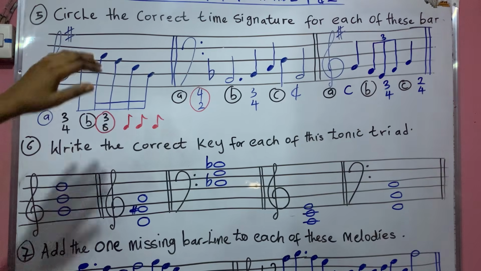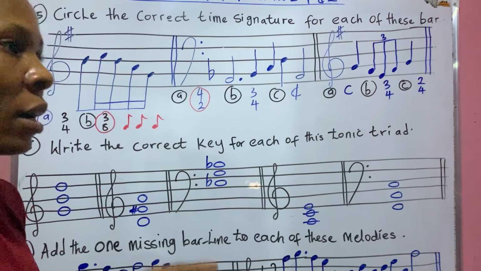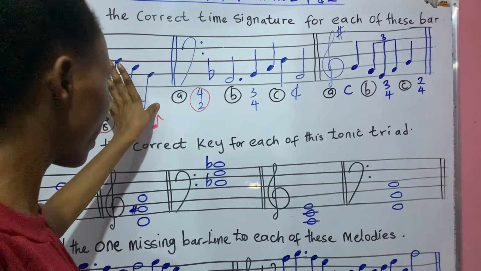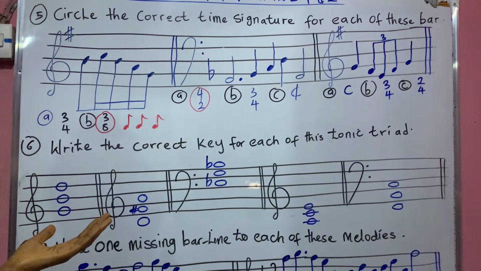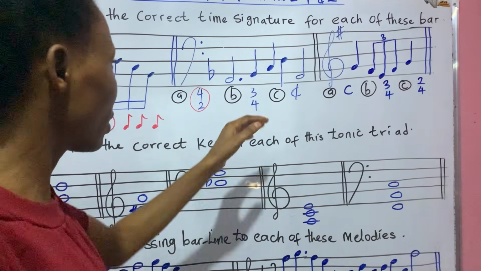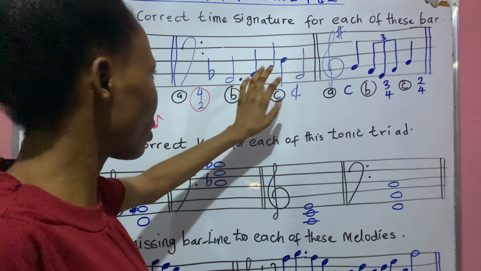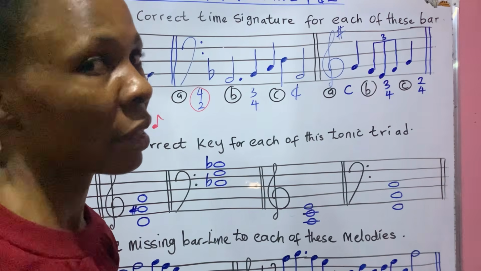Remember, the question is circle the correct time signature for each of these bars. That means this music is 1 bar. This is 1 bar, this is 1 bar. So if I call this 2/2, that means I'm answering for 2 bars, not 1 bar.